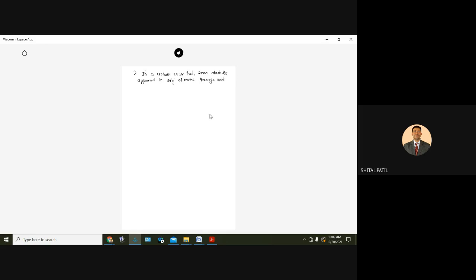Average marks obtained were 50% with standard deviation 5%. Average marks 50%, standard deviation 5%.